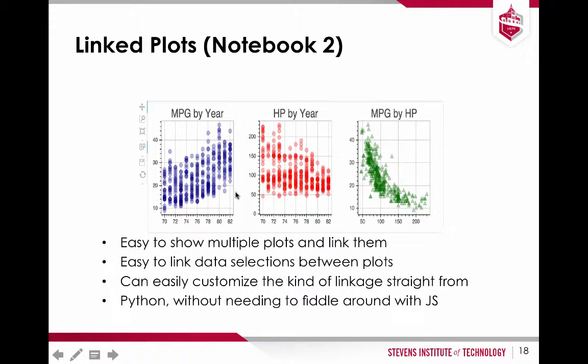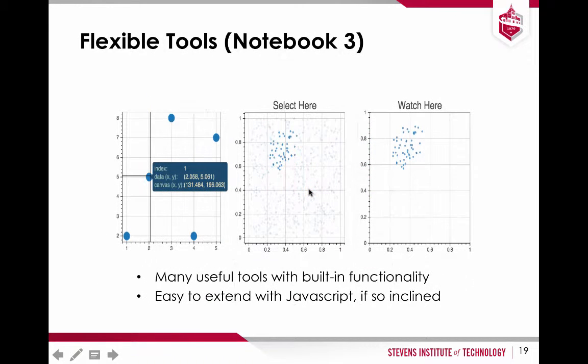The different plots can be linked one to the other, like in this case. So if you change one, the other will change. It's flexible, meaning that there are tools inside the visualization, giving you possibilities to do a little bit of post-processing.